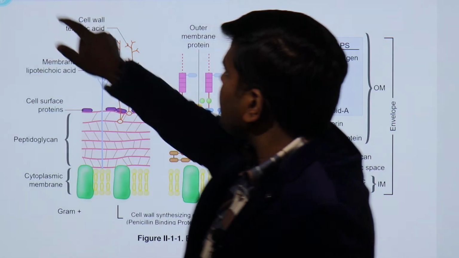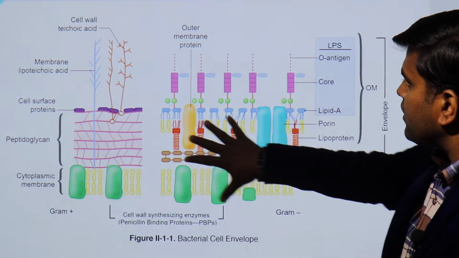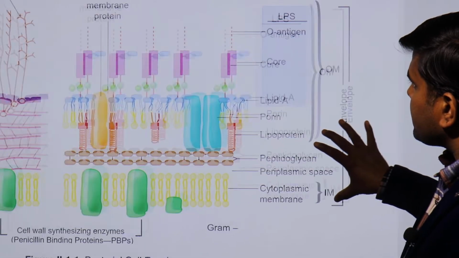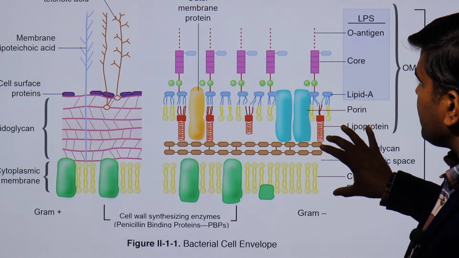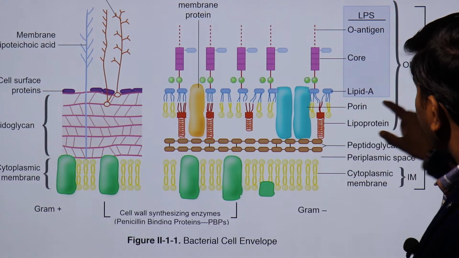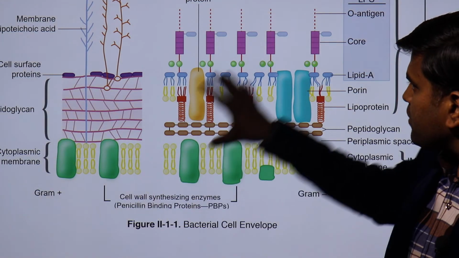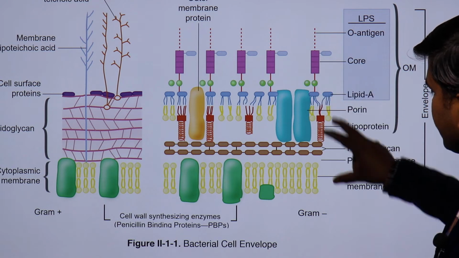If you see the bacterial cell wall, you can see this component, that is lipid A. This is the envelope. This is the gram-negative bacteria. We have the gram-positive one, but this is the gram-negative.